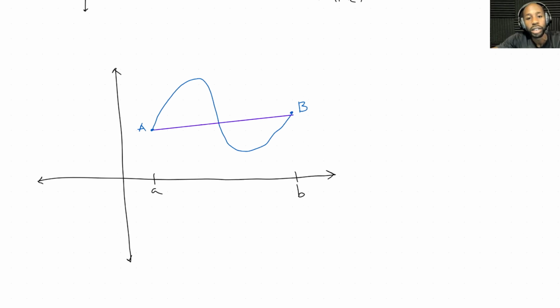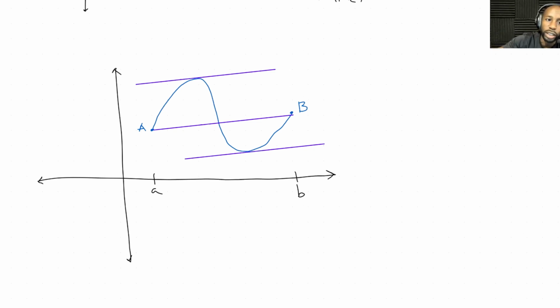So watch this. If you notice, there's going to be a point here where the slope is the same. There's also going to be a point here where the slope is the same.